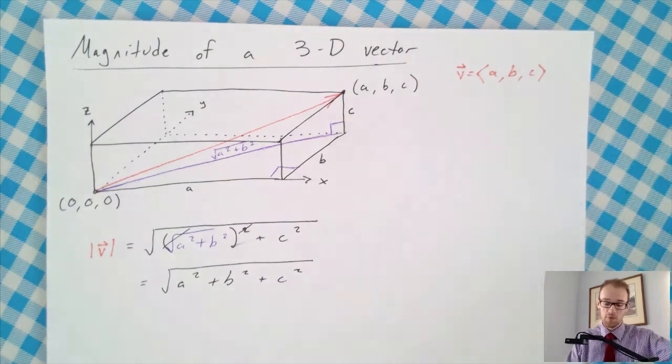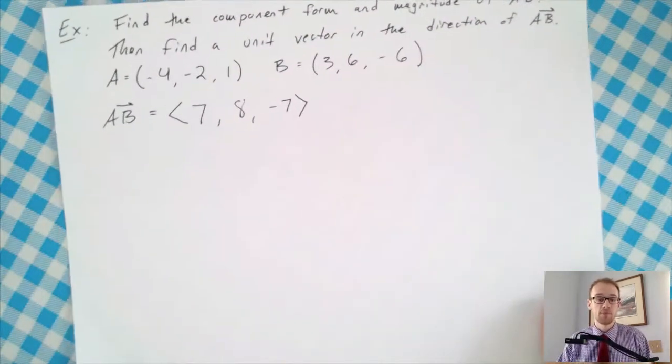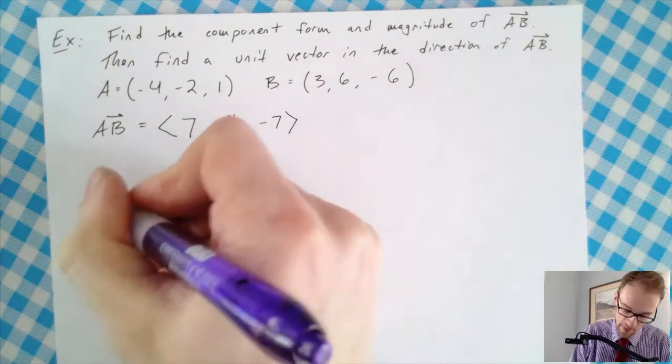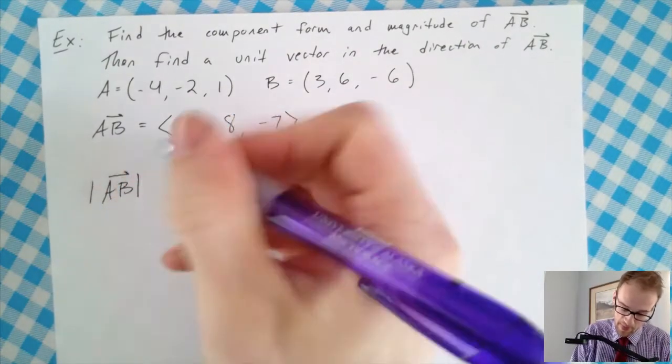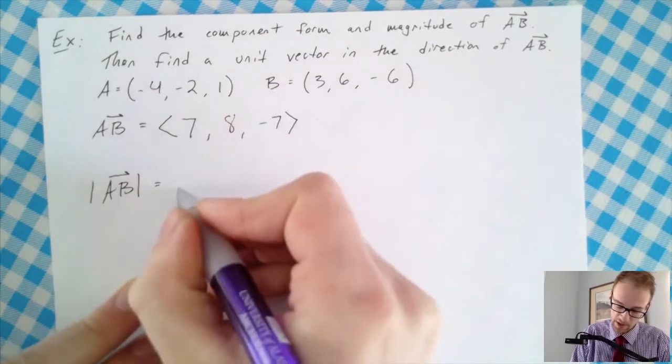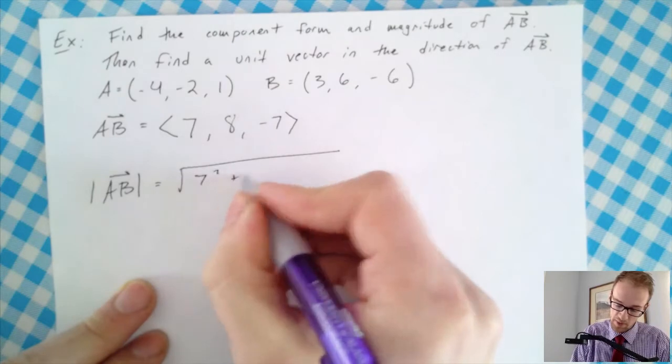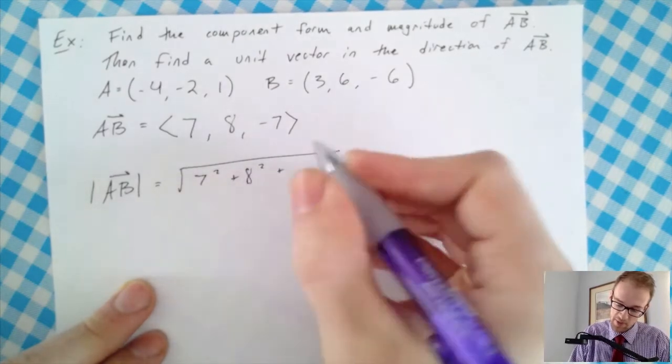So let's go back to our example, and let's calculate it. Okay. Let's find the magnitude of AB. We're going to get the square root of the x component squared plus the y component squared plus the z component squared.